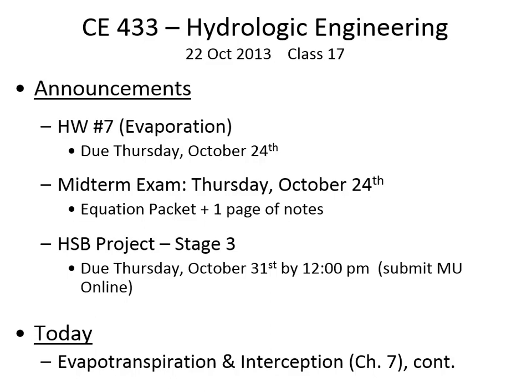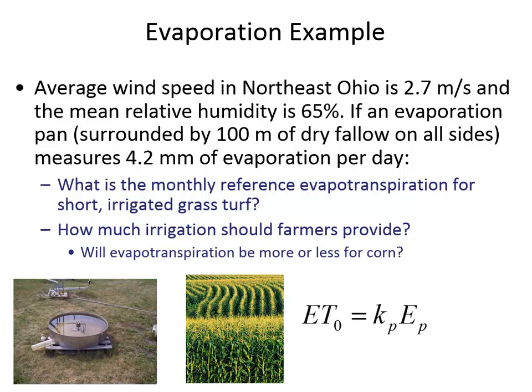All right. Well, we're going to continue talking about evapotranspiration today and then get into a little bit about the concepts of interception. Last time, though, where we left off was this evaporation example we didn't quite get to. It was trying to relate pan evaporation to crop evaporation.